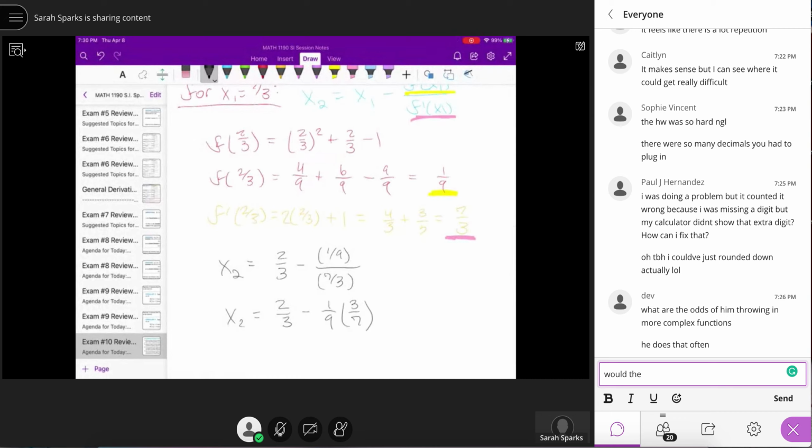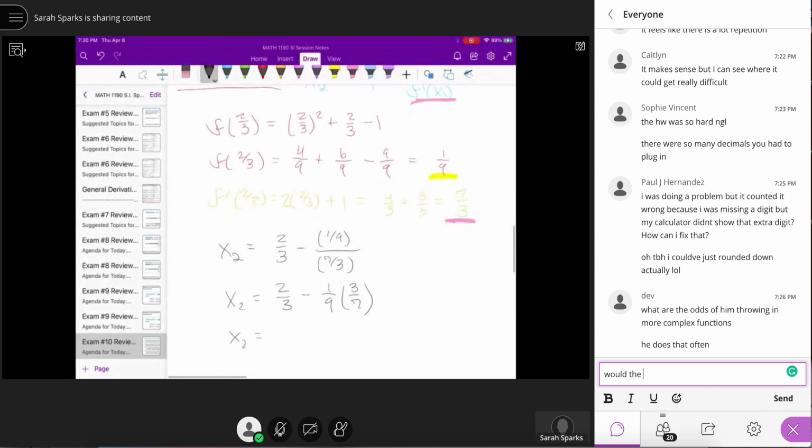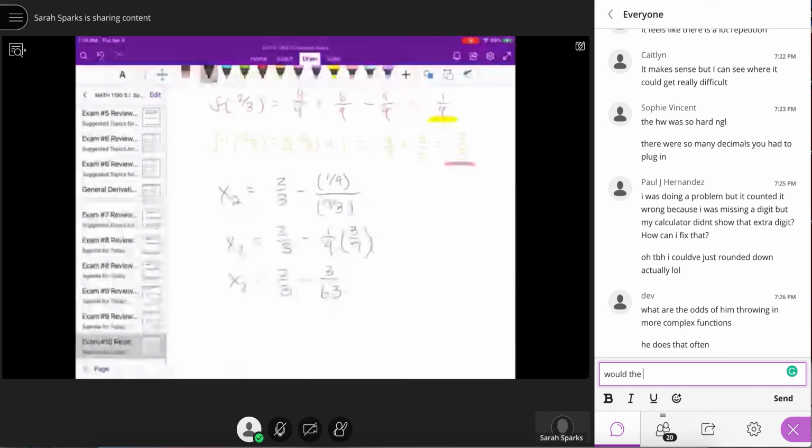So we'll have x2 is equal to 2/3 minus 3/63. I mean, you could find a common denominator. But honestly, at this point, I just put it in my calculator and got 13/21.